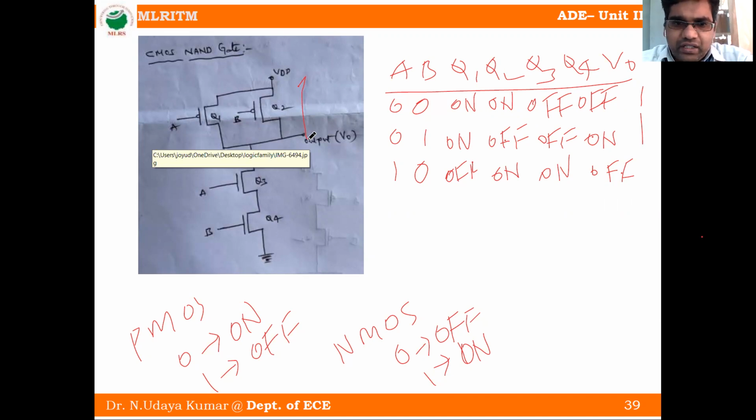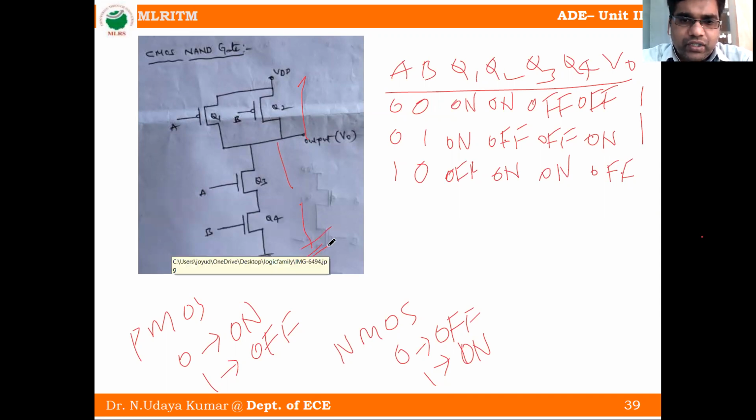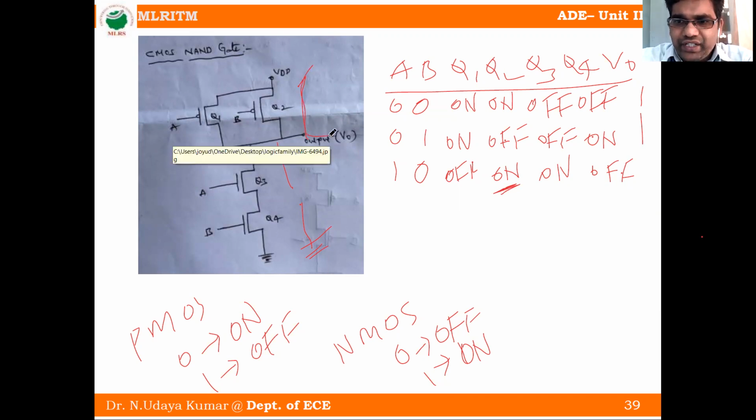Q3 is on means short circuit up to here. Q4 is off means open circuit, so there is a gap. The output is not connected to ground, but VDD is directly connected to V0. We get VDD, which we consider logic 1.